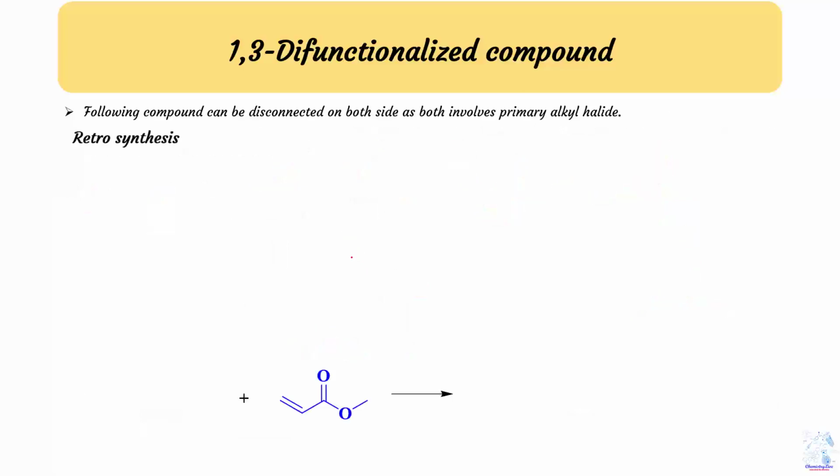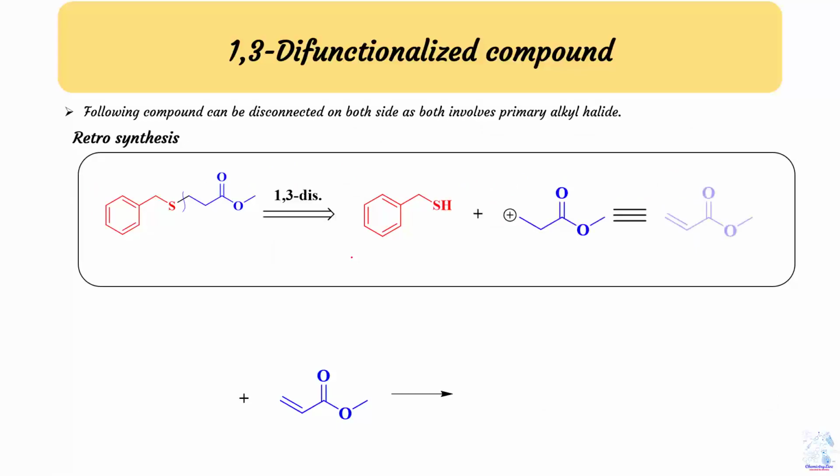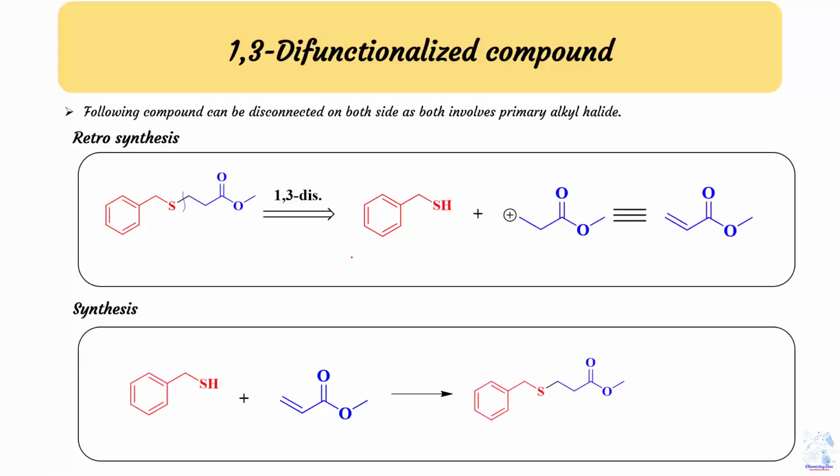So now the following disconnection involves the alkyl halide step, and we will take a closer look at that one. Disconnect from 1, 2 and 3 position, we will get thiol and carbanion which is converted into the required alpha beta unsaturated compound. That alpha beta unsaturated compound in the presence of base is attacked by that thiol group and we will get a targeted molecule.